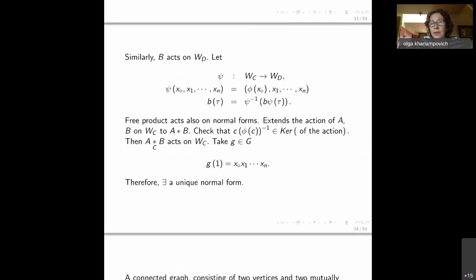And therefore, the amalgamated product acts on this set of C normal forms. Now we take some element G in the group, and the action of G on the identity element is a normal form of G, but it is unique, since the amalgamated product acts. So the identity is taken to the unique element, and therefore the normal form is unique.